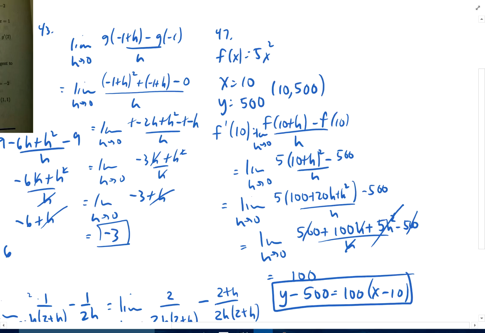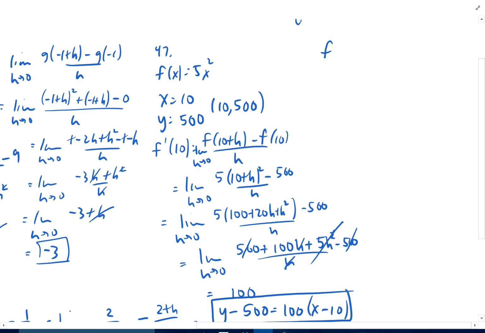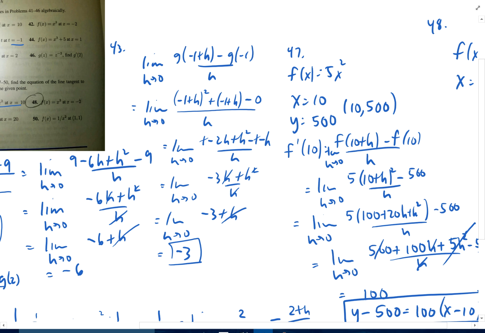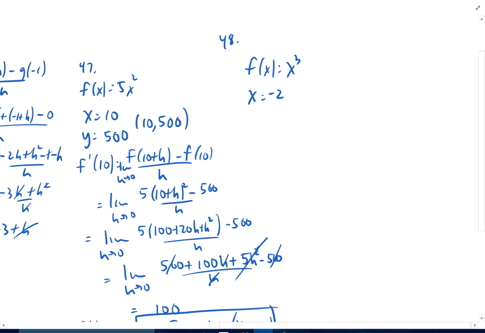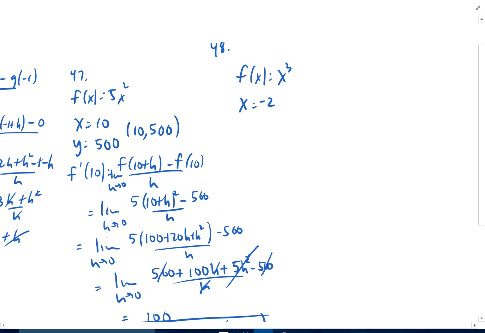f of x equals x cubed when x is equal to, was it negative 2? Okay, I am, because I want you to really get what you're getting. So we want the y value: negative 2 cubed is negative 8. So there's my point, (negative 2, negative 8), and I need the slope.